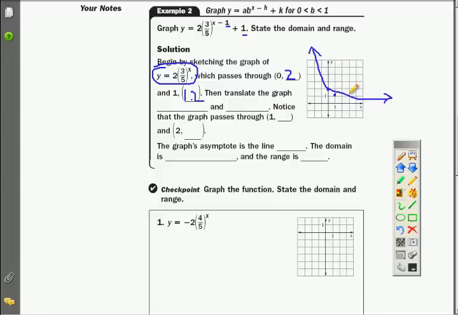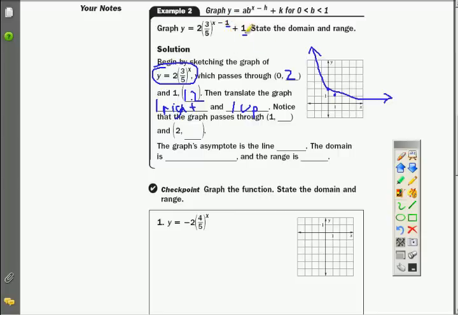Exponential decay. We'll get close to 0, we'll never get to 0. Then we translate the graph 1 to the right and 1 up.